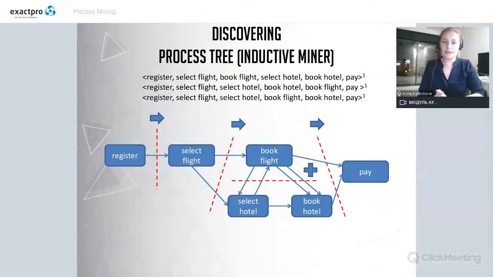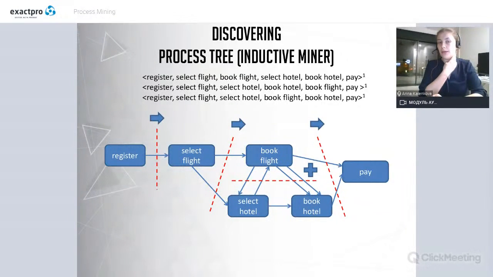Book flight can go in parallel with the select hotel, book hotel sequence, because we see that there are a lot of arrows going from one direction to another that connect these two subgraphs. That means that it seems that these two subgraphs are executed in parallel, and we make another choice.